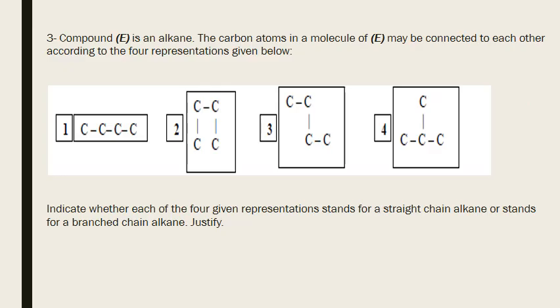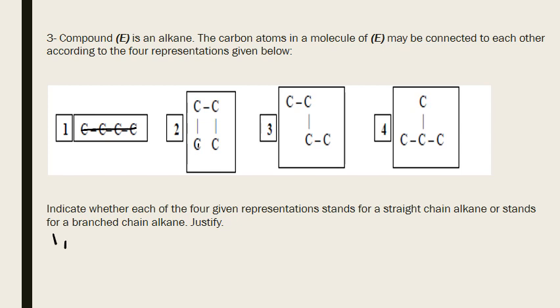Compound E is an alkane. The carbon atoms in a molecule of E may be connected to each other according to the 4 representations given below. Indicate whether each of the 4 given representations stands for a straight chain alkane or a branched chain alkane. So, straight chain alkanes. So here, because it's in a straight line, number 1 is a straight chain.